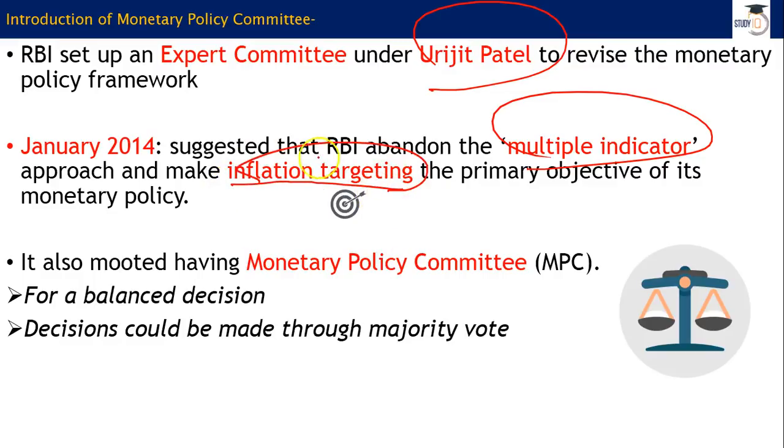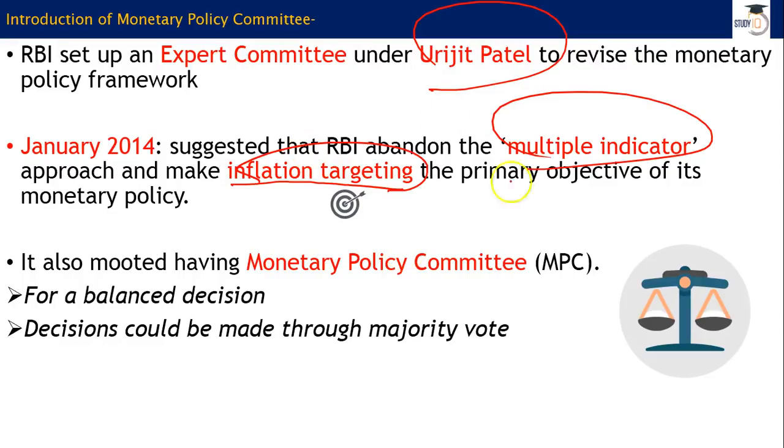It should target just the inflation. Of course, the main objective is to ensure that everything is in line with the economic agenda of the government. So it should support growth, it should create employment and everything, but inflation is the only thing that RBI will look after as far as monetary policy is concerned.